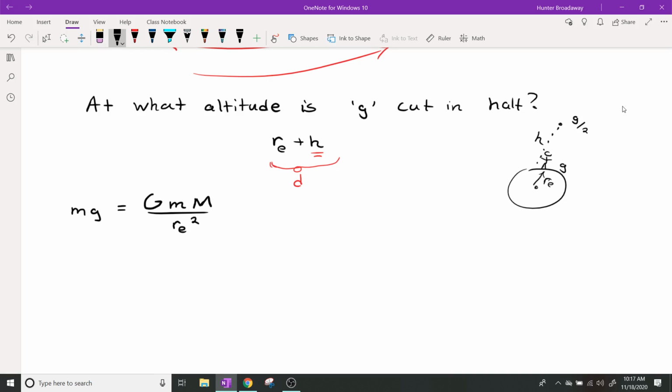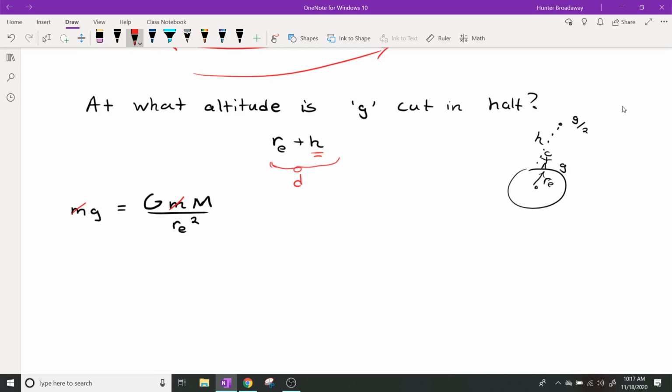And also, using the trick that we talked about earlier, we can just go ahead and get rid of these. So I know that g is going to be equal to G times big M over RE squared, right? But this is for 9.8 meters per second squared.